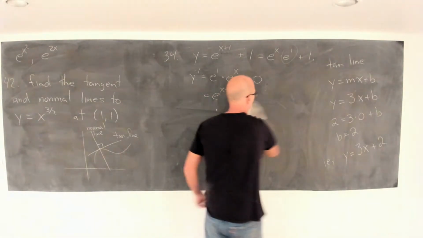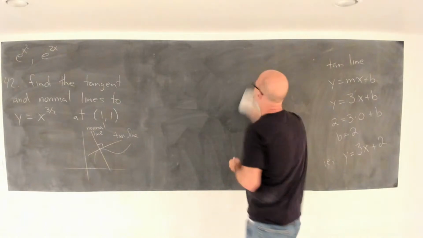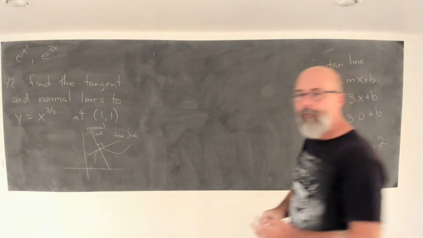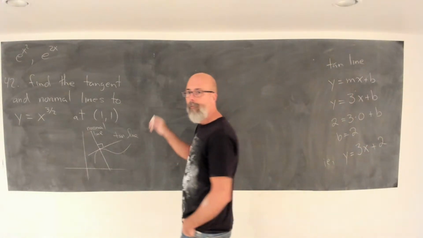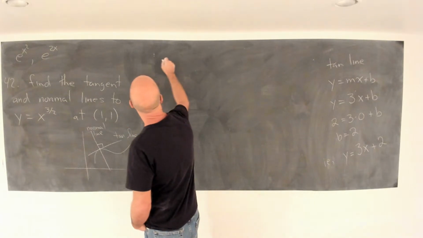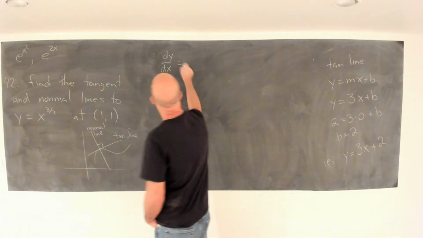And you know how to find the tangent line. The derivative gives you the slope. The derivative, dy dx.